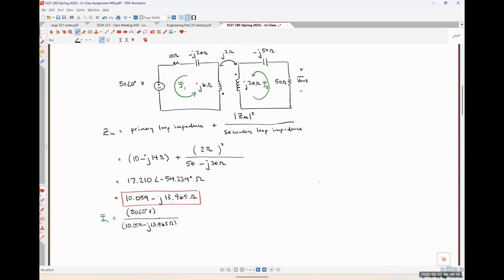And the reason why is because in our last example that we worked, our current I1 was flowing in the opposite direction, right? So we did everything under the assumption that the current was leaving the positive polarity terminal of our voltage source. We've defined I1 as the current leaving the negative polarity terminal, which means we just need to change the direction.